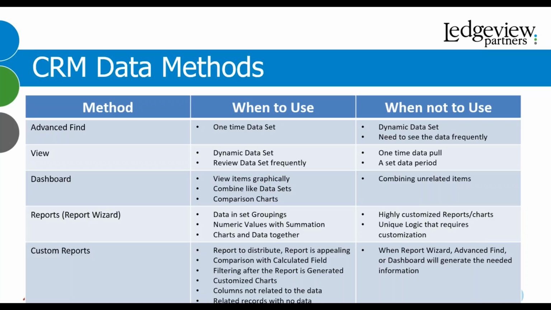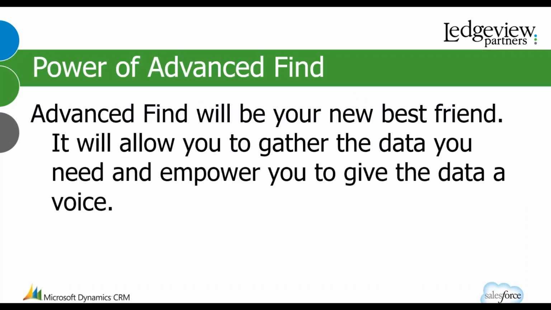Now, out of all of these methods, I'm going to tell you which one will become your new best friend, and that's Advanced Find. The reason Advanced Find is going to be your new best friend is because Advanced Find allows you to take all the information within CRM, all that data, and filter it down to the specific information you want, and then take that information and pull specific fields from those forms or related forms to help you tell a story about that data.